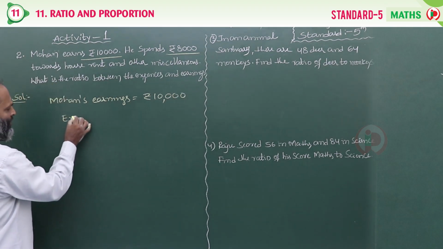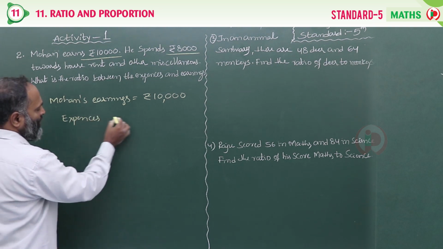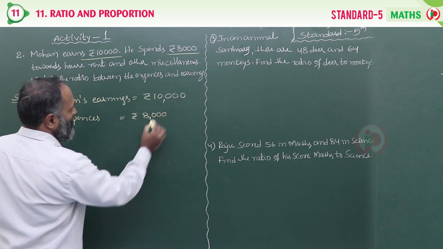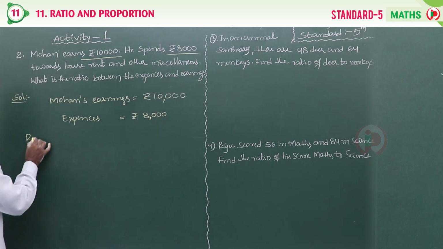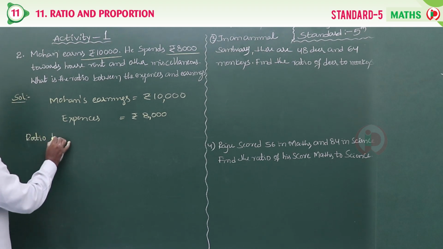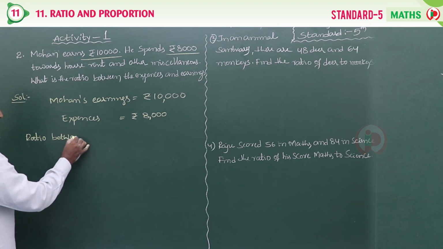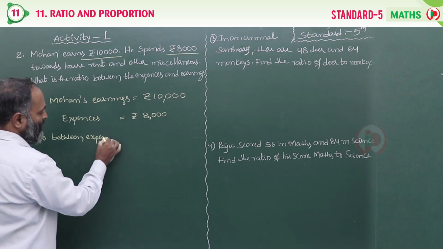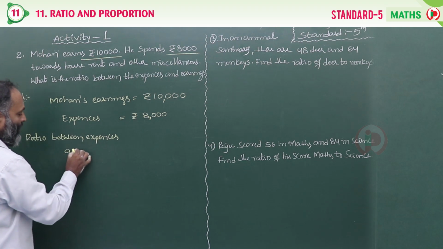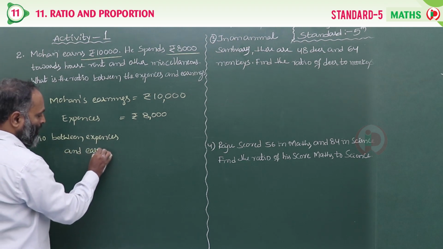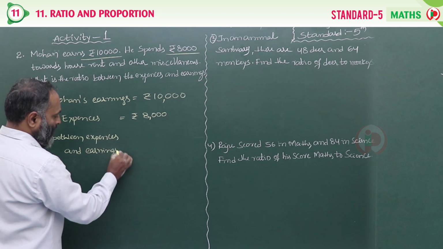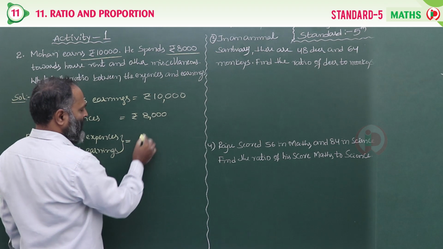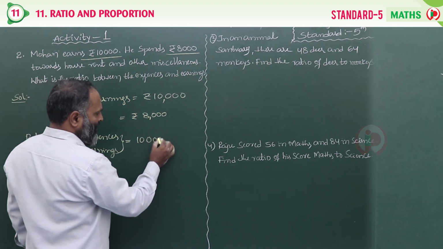Expenses. So what about expenses? 8,000 rupees are his expenses. Now we should find the ratio between expenses and earnings. What are the earnings? 10,000 rupees.